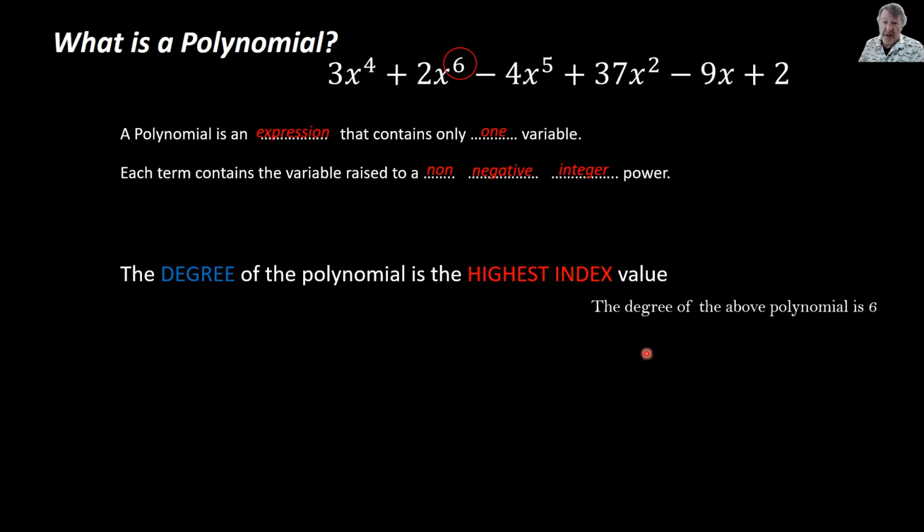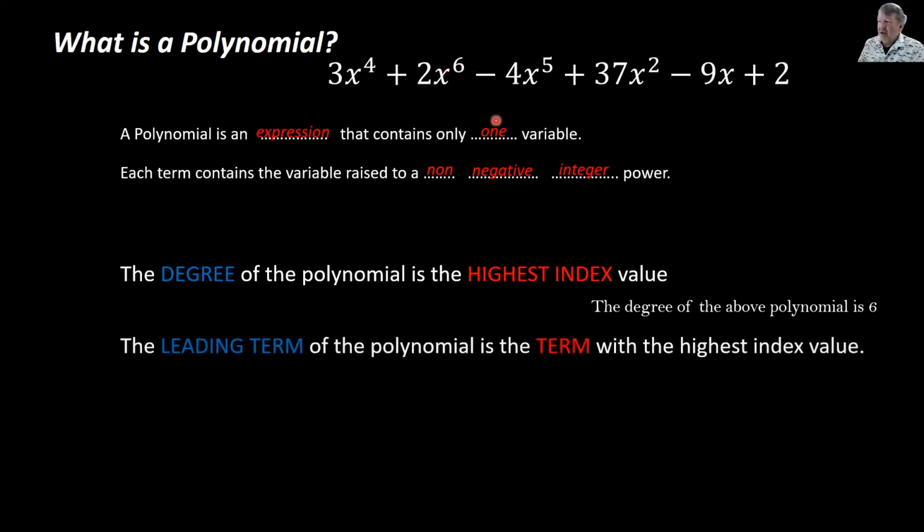The next one we're going to look at is the leading term. Now leading term, it's not just as simple as saying that's the term out the front. It's actually the term with the highest index value, which of course is, again, the 6. So the leading term is 2x to the power of 6.